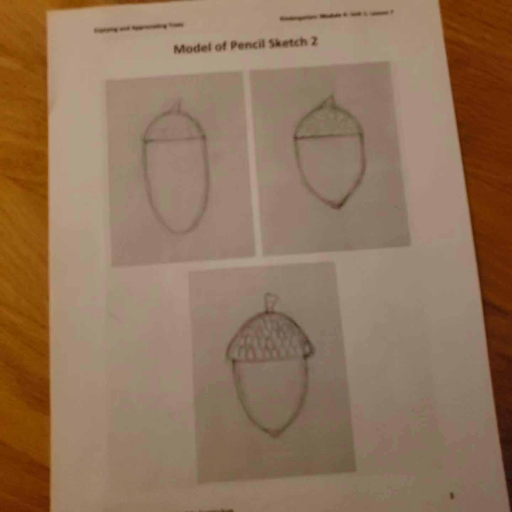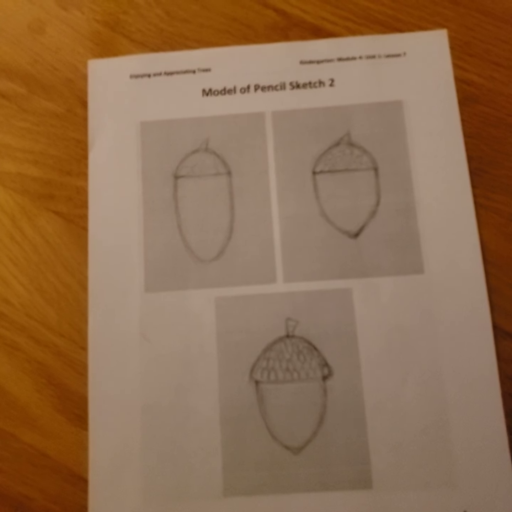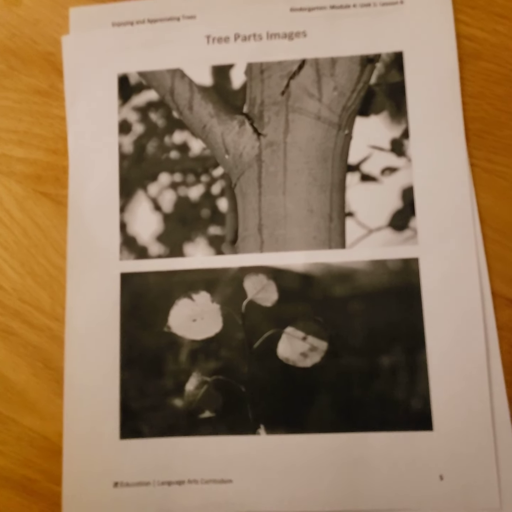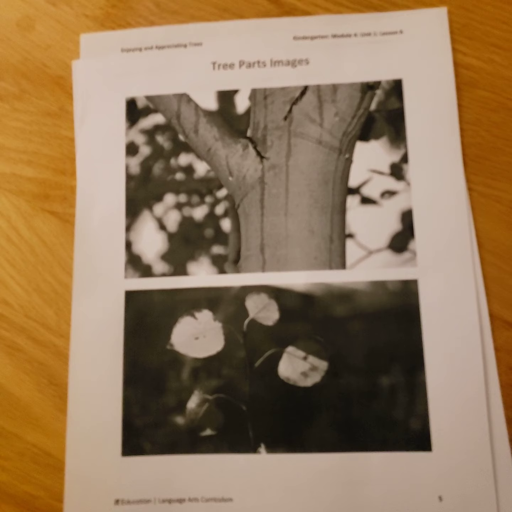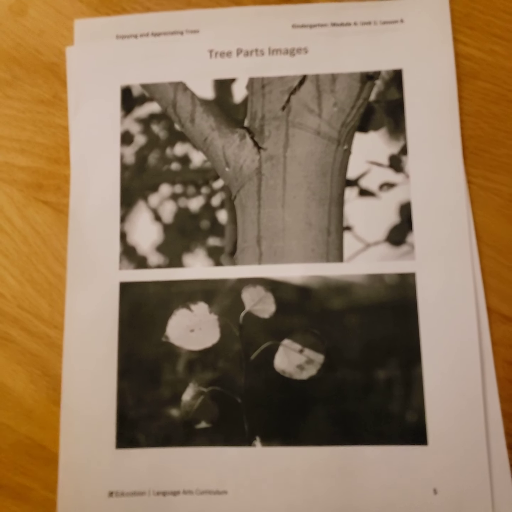So you are going to choose a part of the tree from yesterday, and I apologize, these are not in color, but here are some of your options. So remember, we had some of the trunk of the tree, the bark of the tree, some leaves.